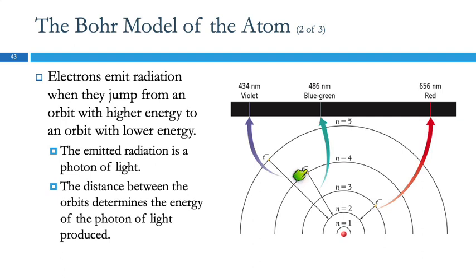For the transition from 4 to 2, we can look at the wavelength of that light and calculate the energy of the light, and that energy corresponds to the energy difference between those two levels. And same for the 3 to 2. So the distance between these levels will determine the energy, and thus the wavelength, of light that's emitted.